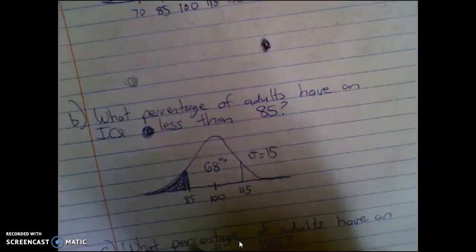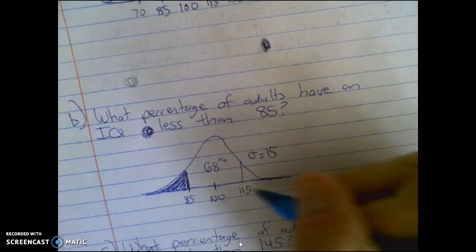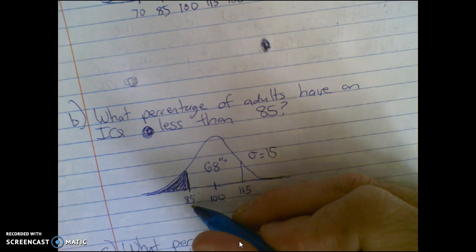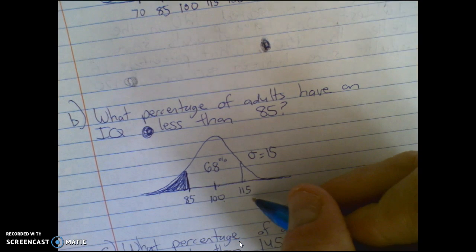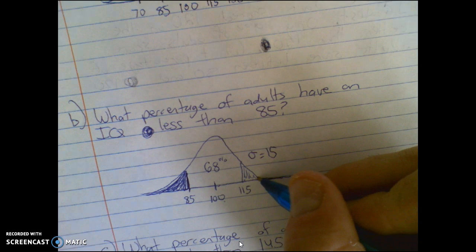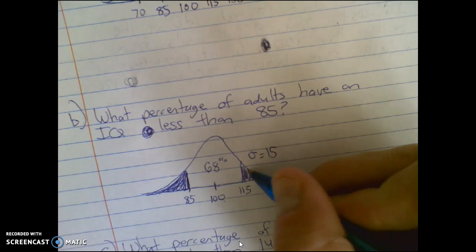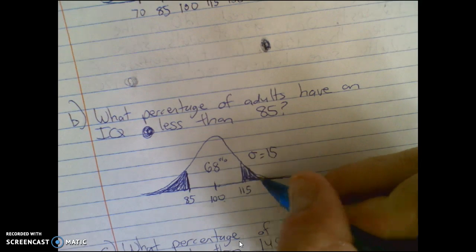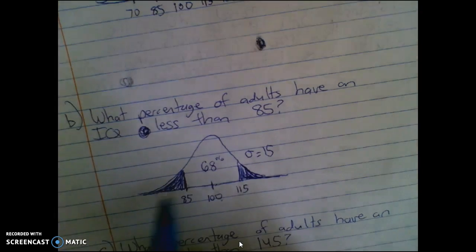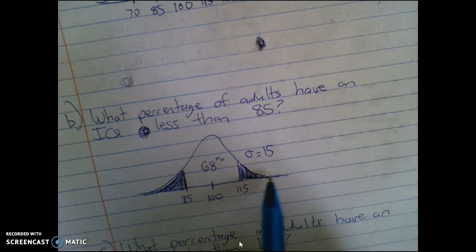The second thing is that this percentage right here is the same as this one, because it's perfectly symmetric. If this is 1 standard deviation below the mean, and this is 1 standard deviation above the mean, this percentage is just the same as the other one shaded. That's important. Now I know that 100% should lie under the curve.